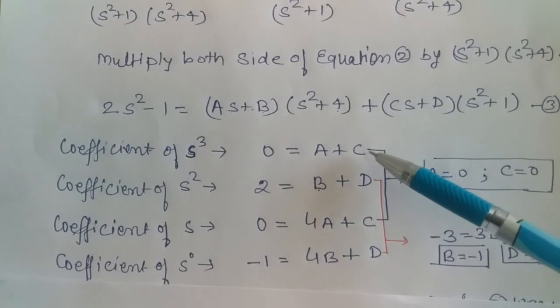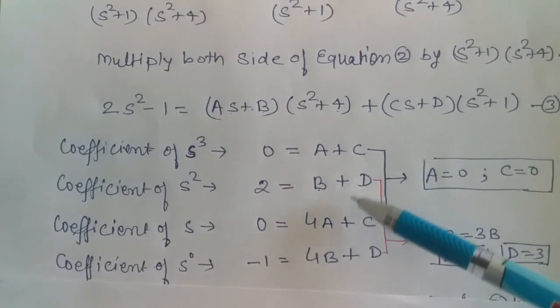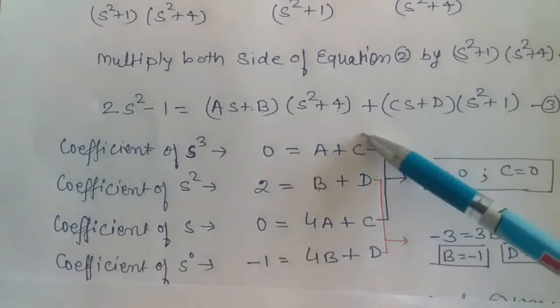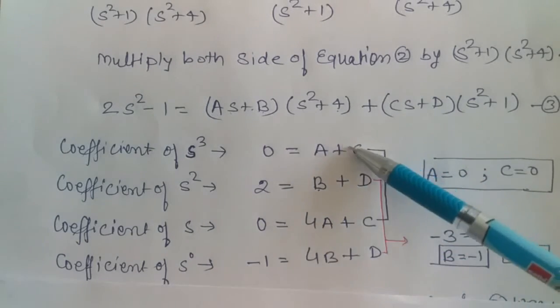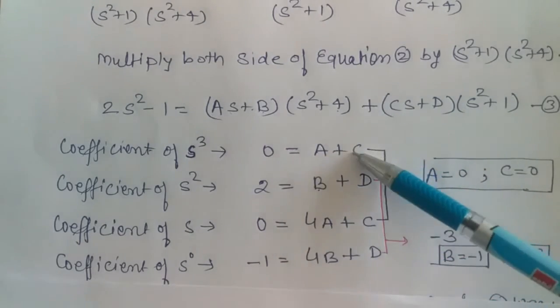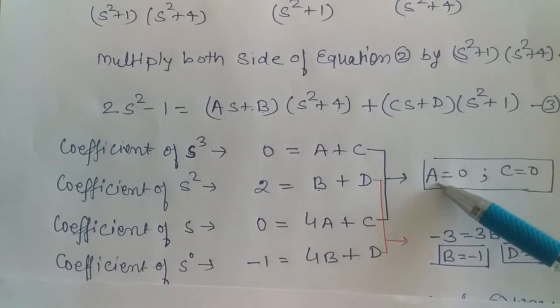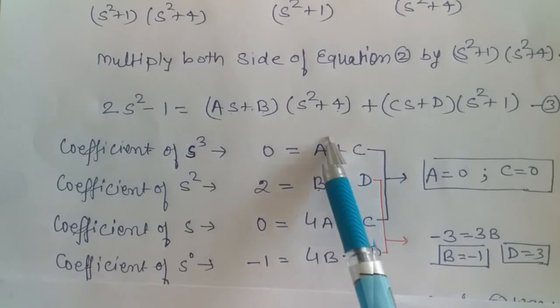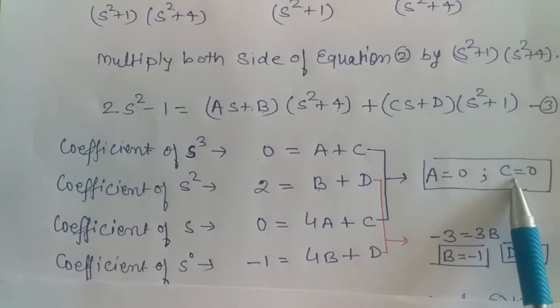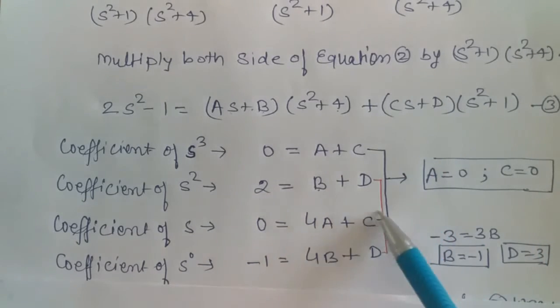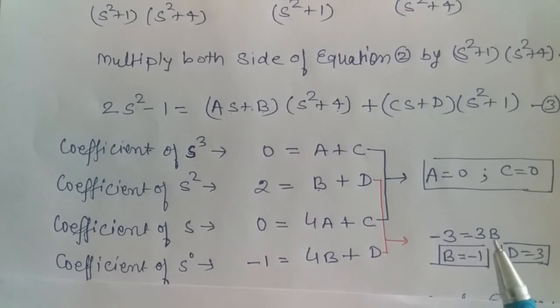Now using these two relations of a and c, when we subtract these two relations, we get 3a equal to 0, which gives a equal to 0. And when we put a equal to 0 here, we get c equal to 0. So these two equations give a and c are 0.